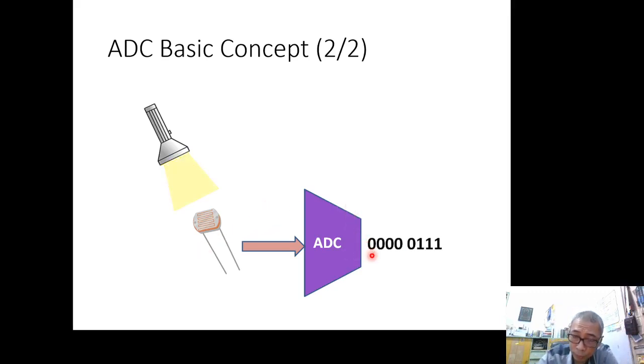So the output from the ADC is already in binary format, or maybe hexadecimal format. That's the concept of ADC using the animation. Please take a look at this animation for a moment.